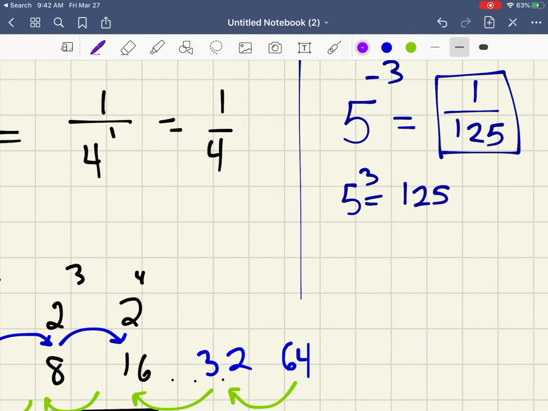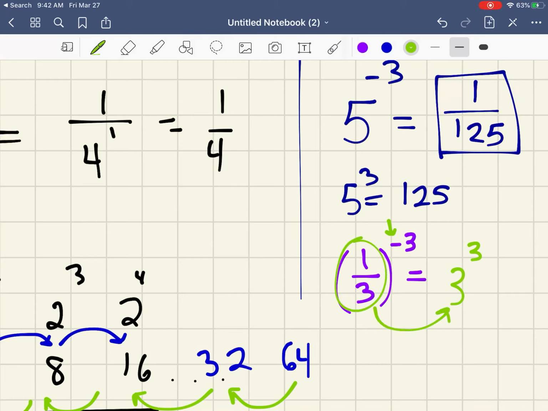This is getting into the next lesson, but if I had 1/3 to the negative 3, you can take care of that negative right away. We take the reciprocal of the inside piece. The reciprocal of 1/3 is 3, and then we keep the exponent positive, and we get 3 cubed, which is 27.